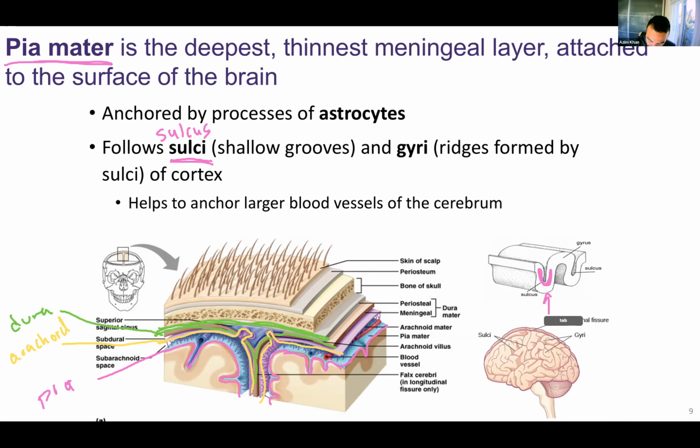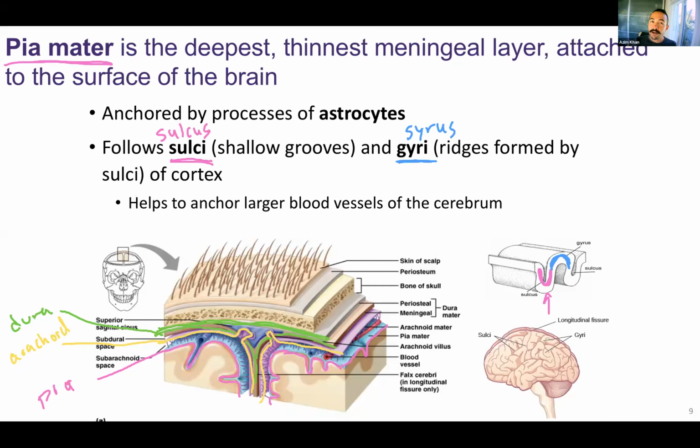When it comes up, the peak, that peak is plural gyri, singular gyrus. So the outer part of the brain, the cerebrum, is made of gyri and sulci, and the pia mater follows every single gyrus and sulcus.